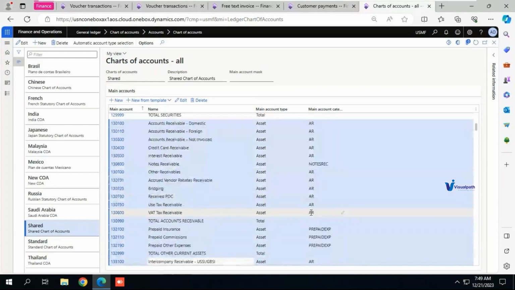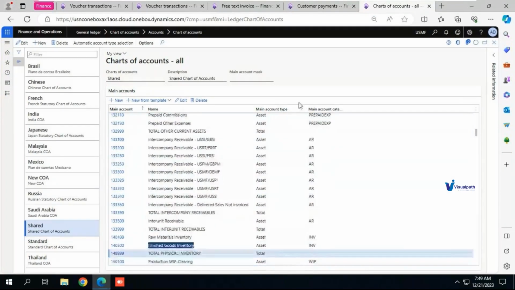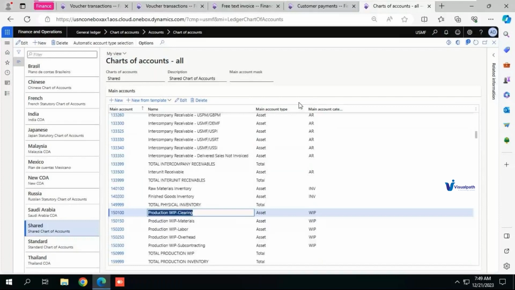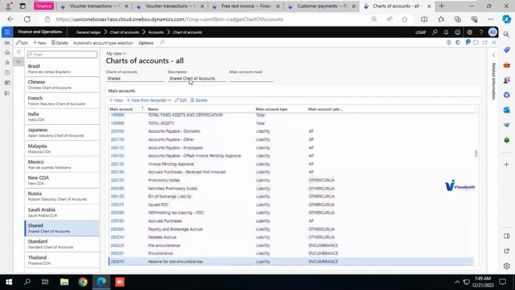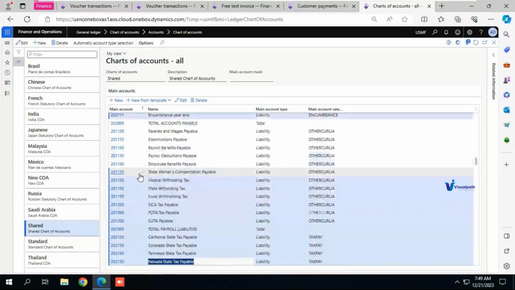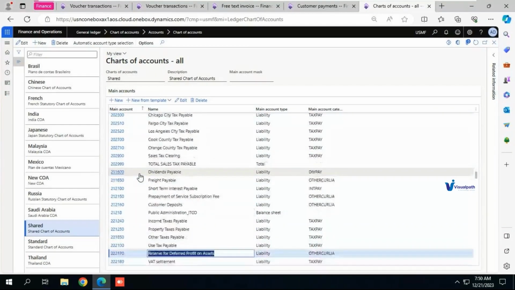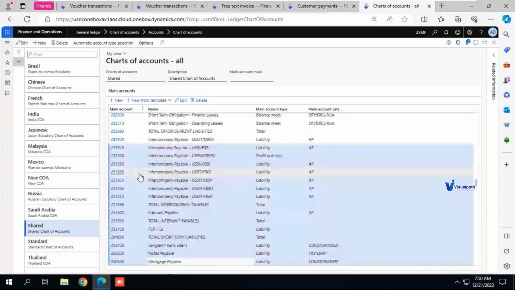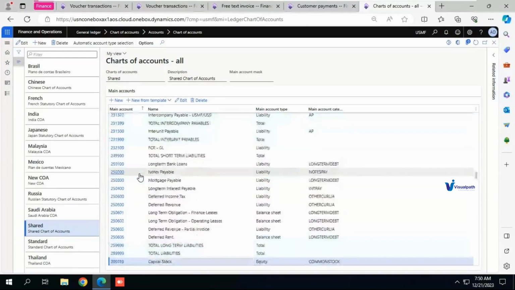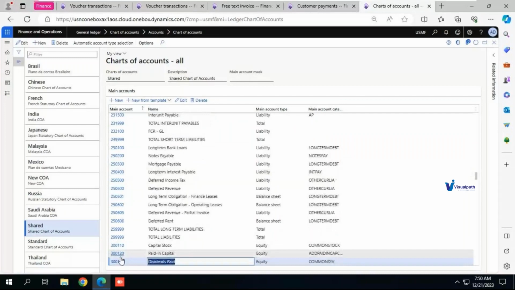The main account type is also asset. Two series is liabilities. And three series, it is equities.